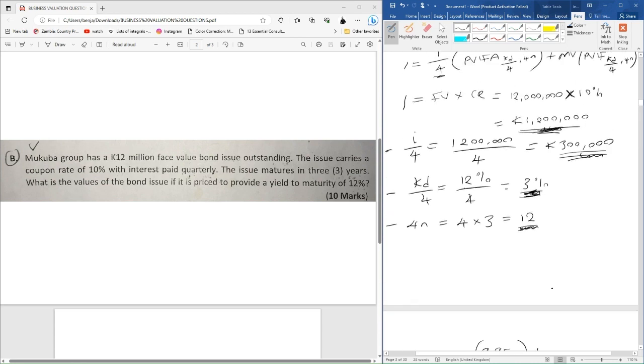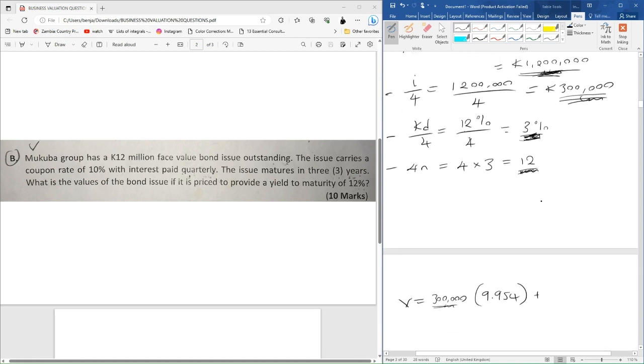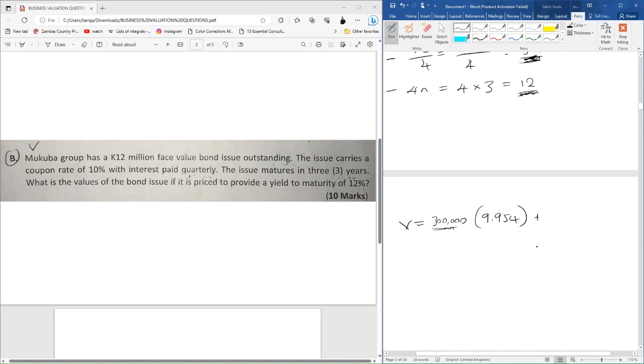See how our formula looks. Our MV here, what's our MV? Our MV is 12 million, which is basically our first value. Our maturity value is 12 million. 12 and 6 zeros. This is our maturity value.